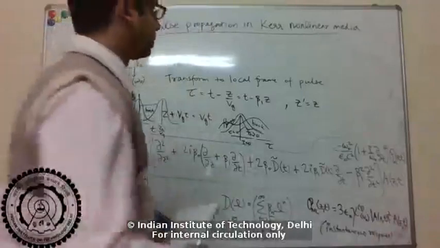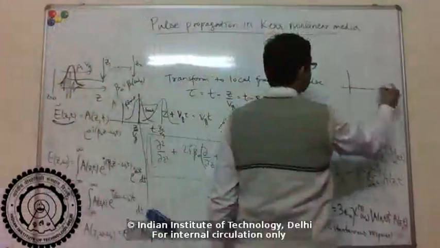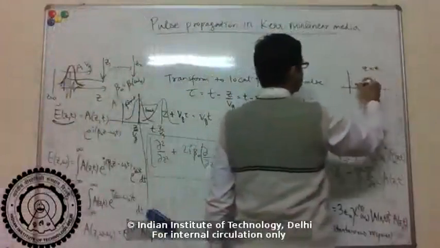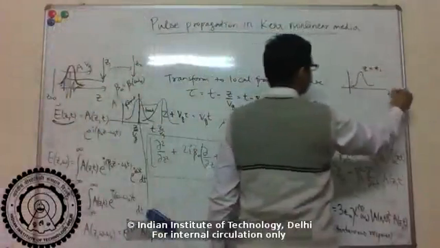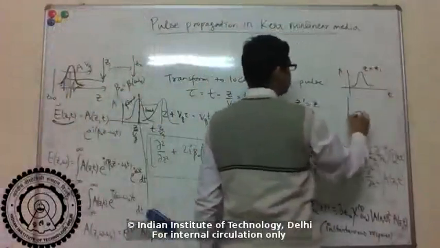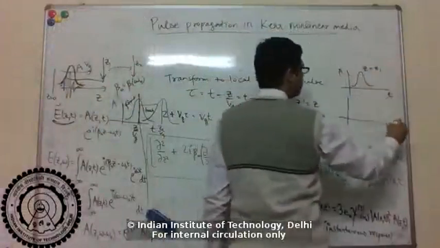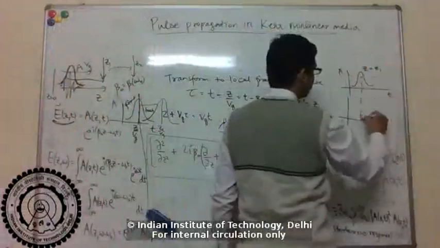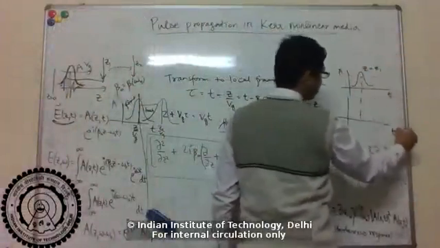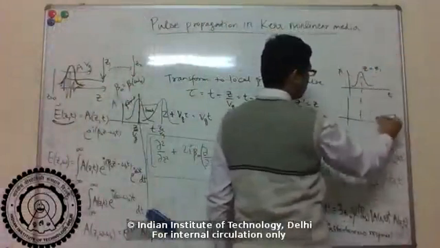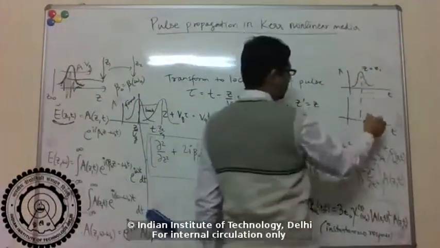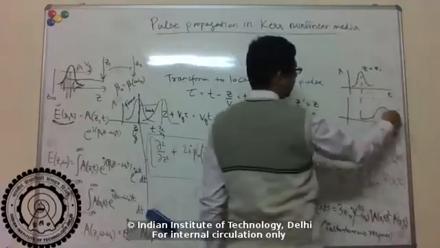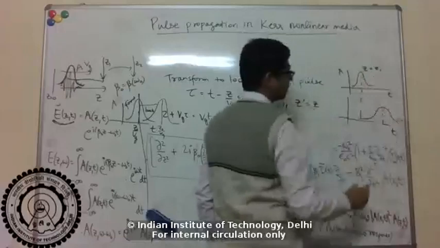You understand? So in the original, at some z equal to z1, as a function of time, the pulse looks like that. Then as it propagates through the nonlinear medium, it propagates to some further distance z2. So then at z2, if I measure as a function of time, I won't get the peak at the same time, but I'll get a peak at a later time, right? And the pulse shape might have changed.